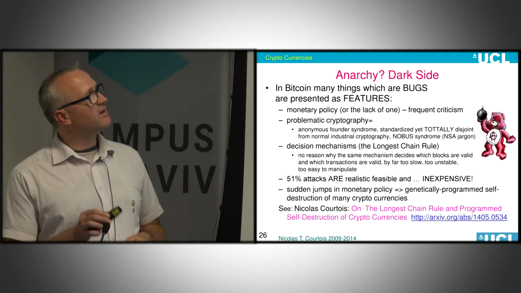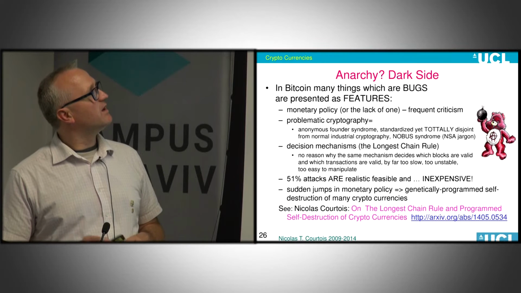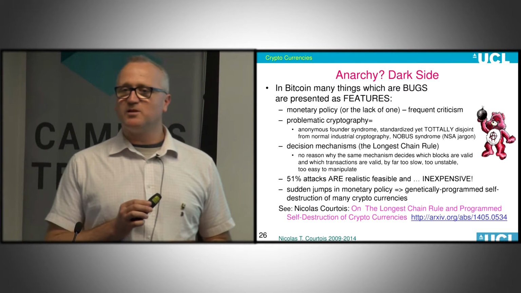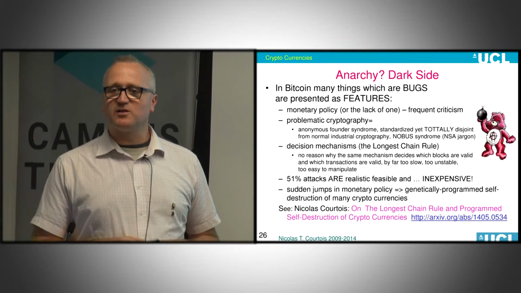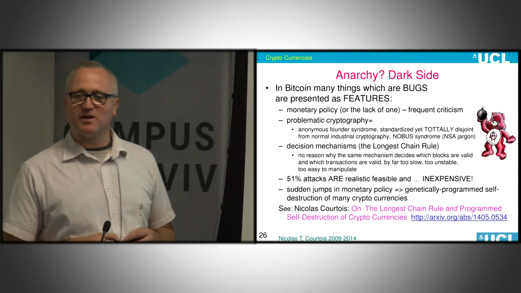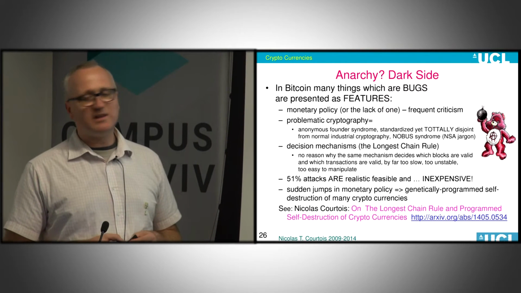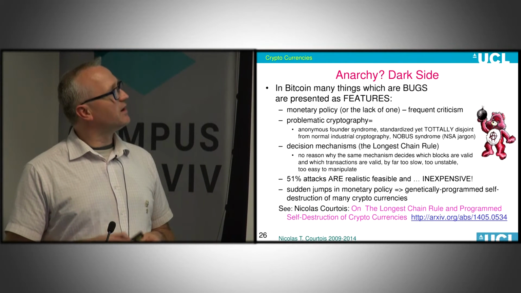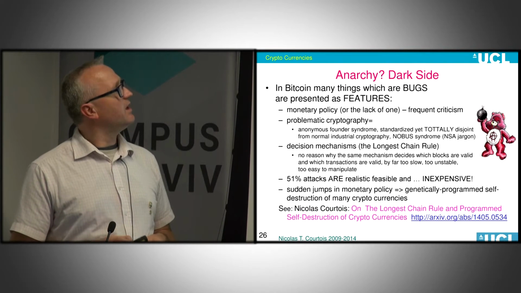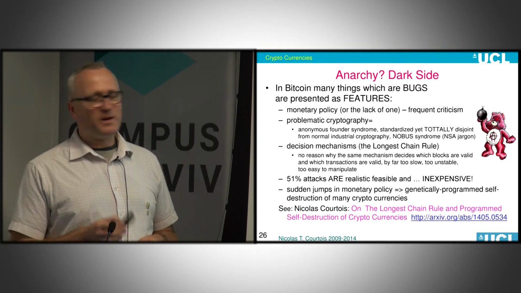So here is an executive summary. I think many things in Bitcoin which are very clearly bugs, there's absolutely no doubt about it, are presented as features. It's funny actually to defend a bug as a feature, but at the end it's a problem. Monetary policy is very frequently criticized. Problematic cryptography, I will go back to this.